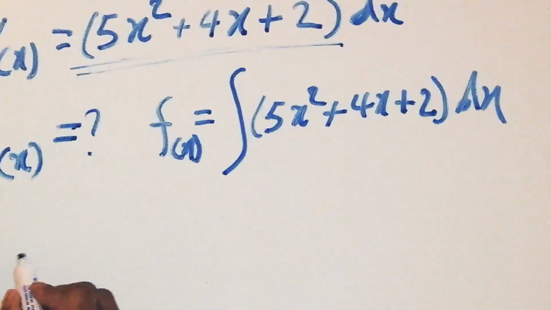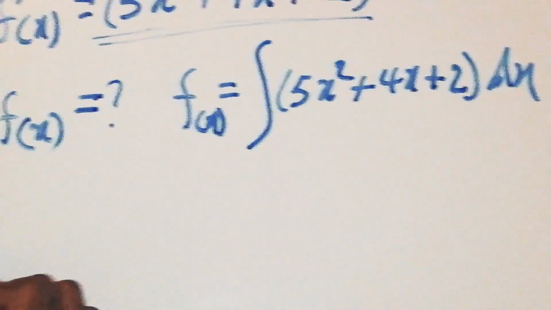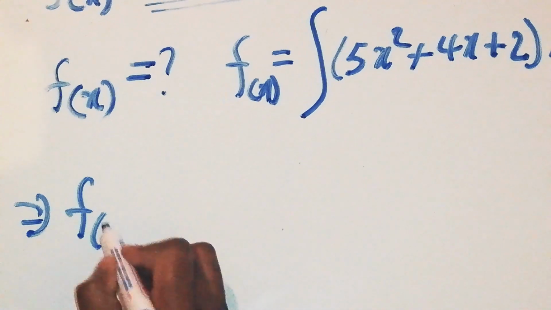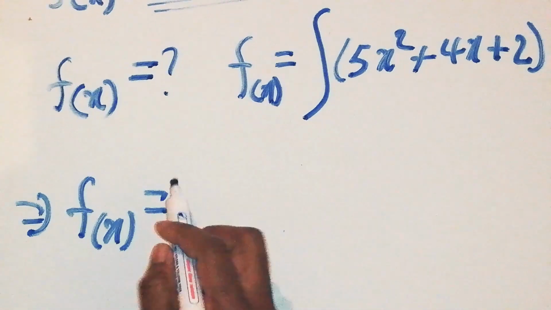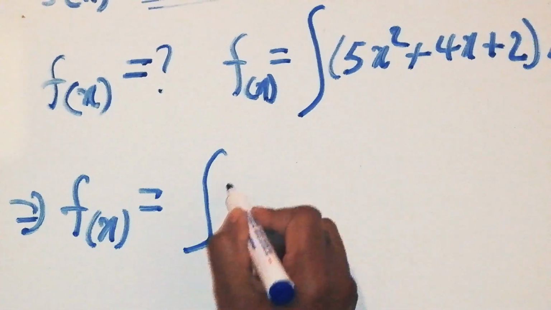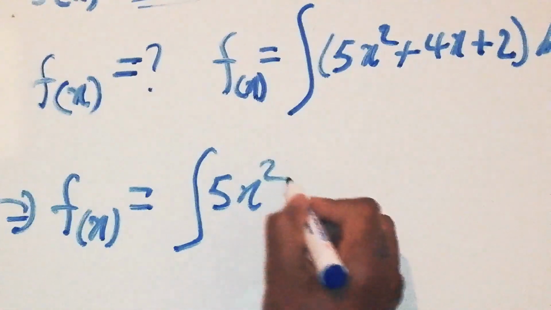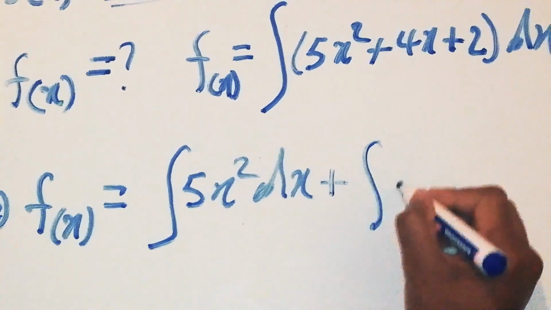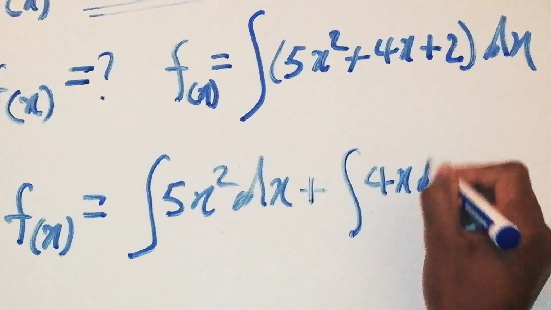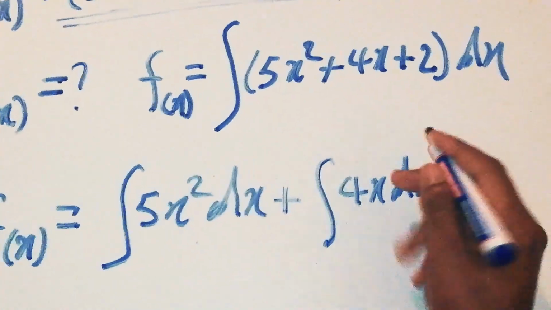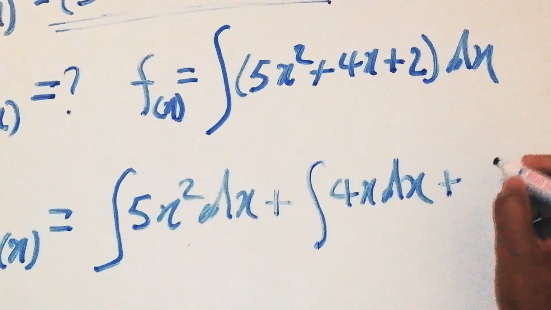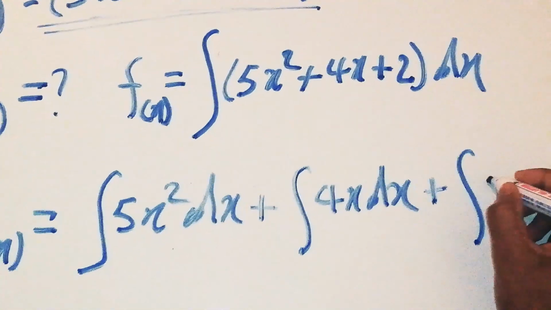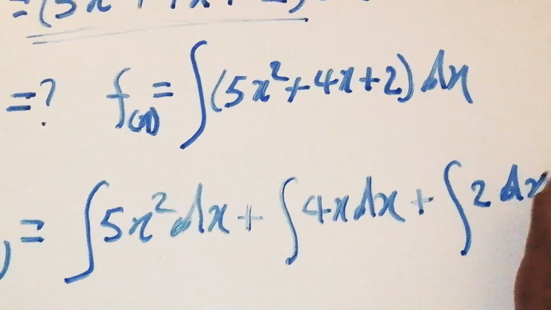This is the same as saying f(x) is equal to the integral of 5x squared dx plus the integral of 4x dx plus the integral of 2 dx.